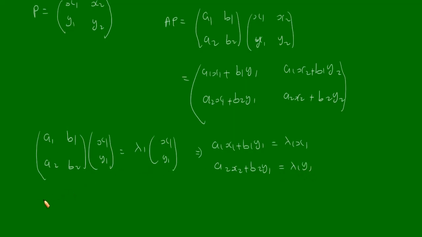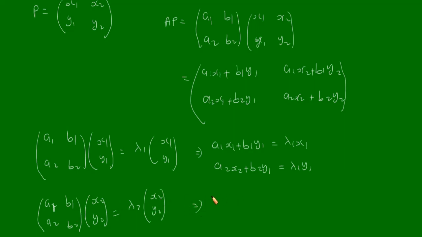Now the next eigenvalue equation will be A1, A2, B1, B2 into the next eigenvector x2, y2, which is equal to the corresponding eigenvalue lambda 2 into the eigenvector x2, y2.